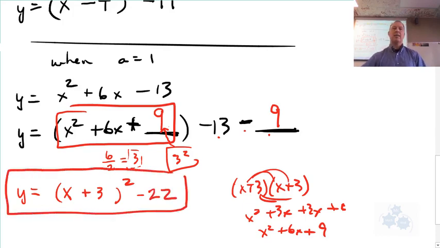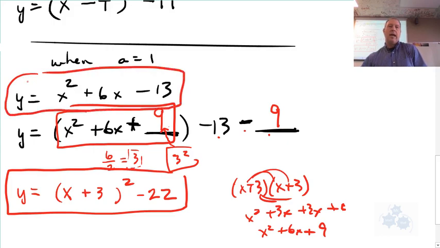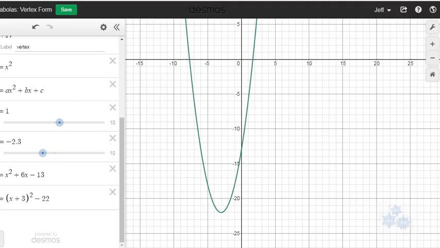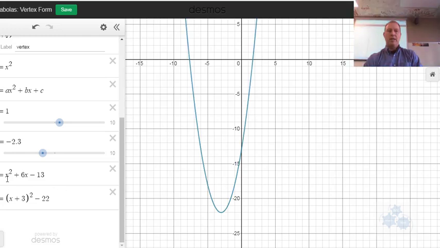Now let's just check this out on Desmos. Or if you have your graphing calculator, you could graph this one right here and graph this one right here. They should be the exact same parabola. So I'm just going to do that and double check to make sure we got this correct. All right, so if we graph these on Desmos here, x squared plus 6x minus 13 is this blue graph right here.